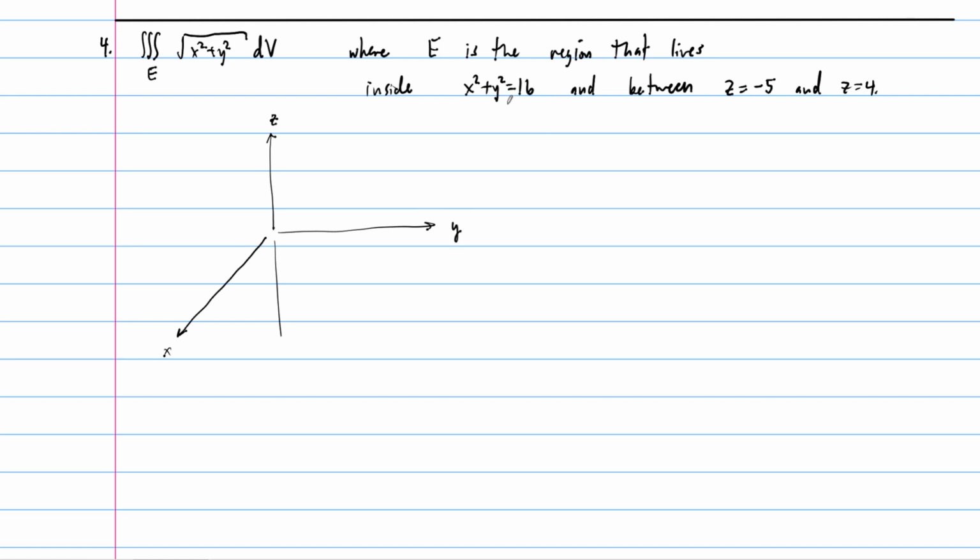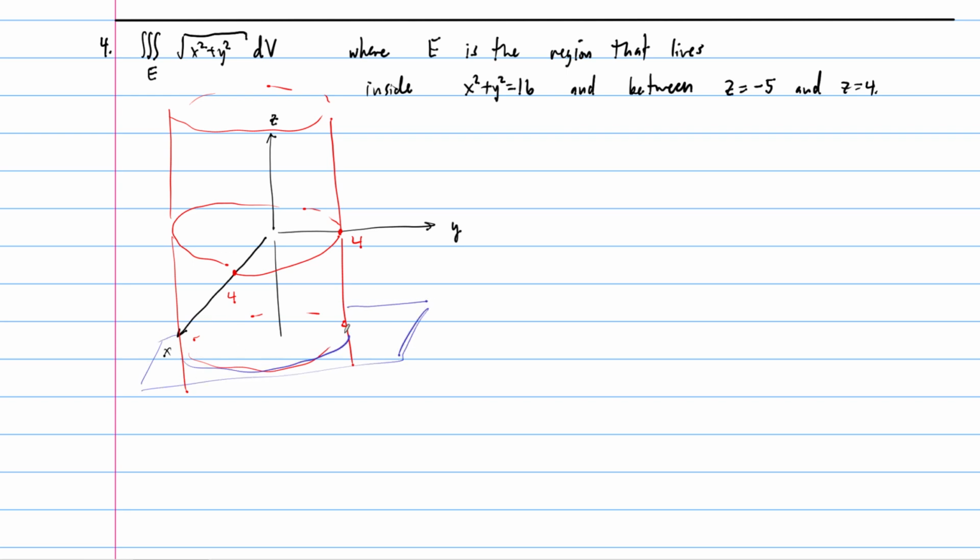So the cylinder itself is just going to be, on the base, a circle of radius 4 here. And then it's a cylinder, so it just continues up here and down below. So there's the cylinder itself. Our region is inside of that cylinder, and it's bounded between 2 planes, so it's bounded between the planes z equals -5.